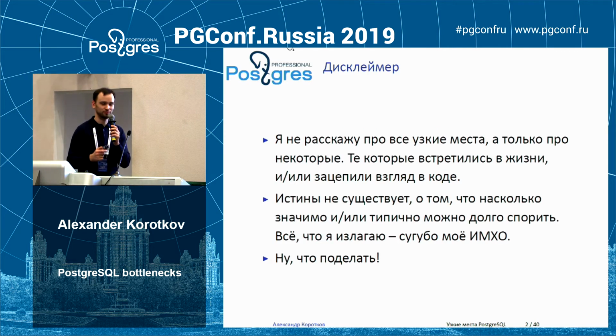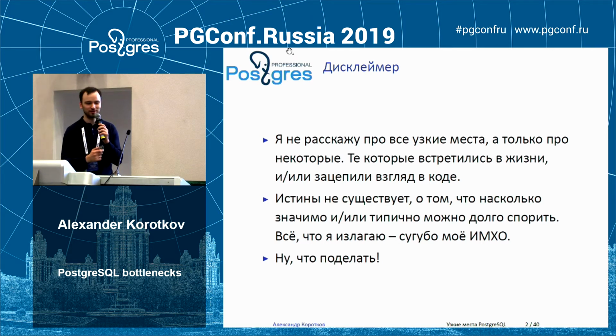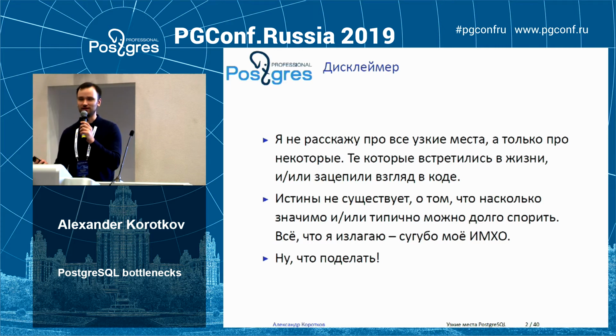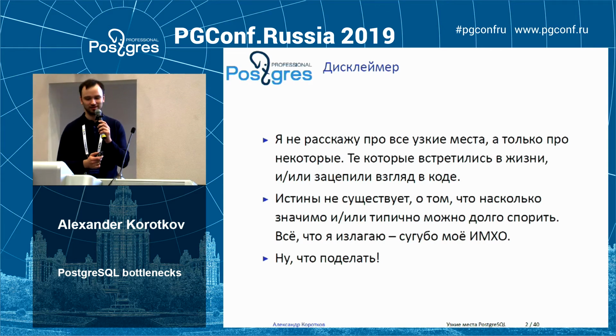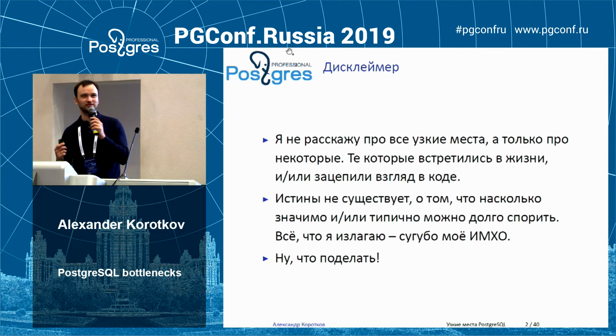I would like to start with a short disclaimer that I don't bear any responsibility for your expectations from my presentation. Of course, I will be talking not about all bottlenecks, but just about a few of them that I have encountered in my experience, and I just have to talk about them.